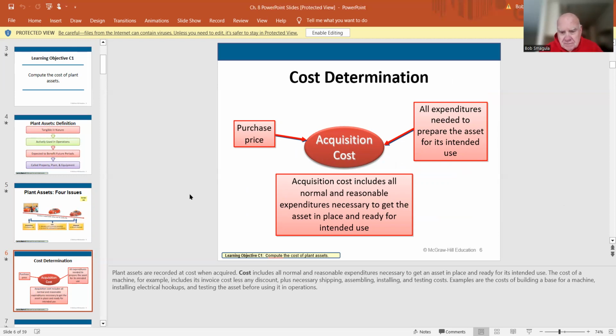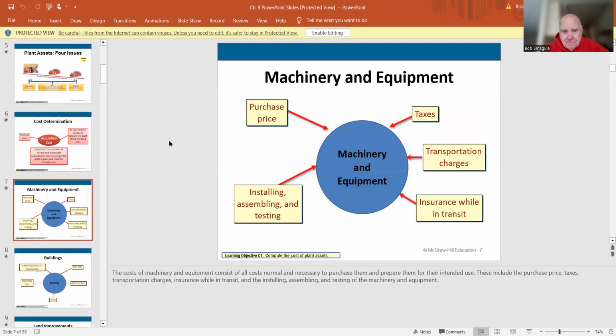Where I worked for many years, our factory was destroyed in an earthquake, the Whittier Narrows earthquake of 1987, and we went into a new factory, and it turned out we couldn't fit some of our new equipment in there. We had to knock a wall down. Well, the cost of knocking that wall down was capitalized as part of the asset. So all expenditures needed to prepare the asset for its intended use become part of the cost.